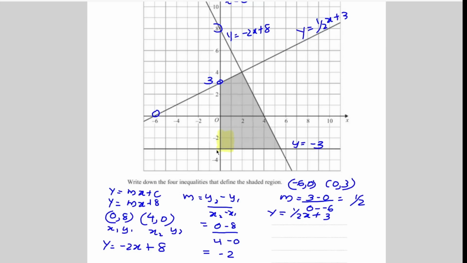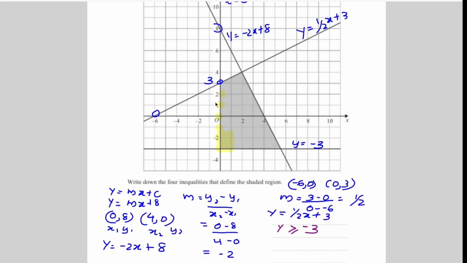When coming upwards, here I'm on minus 3, and the values become minus 2, minus 1, 0, 1, 2. The y values are getting increased. We are coming above the line to represent the inequality.